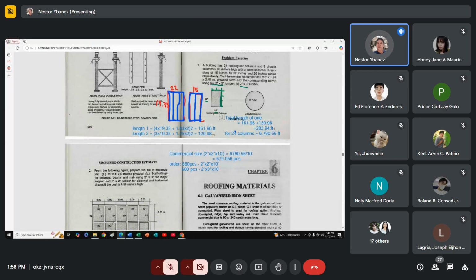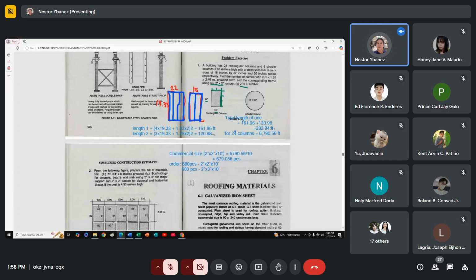So this is for the frame. Now we also have the board that goes around the frame, so we are going to get the area.